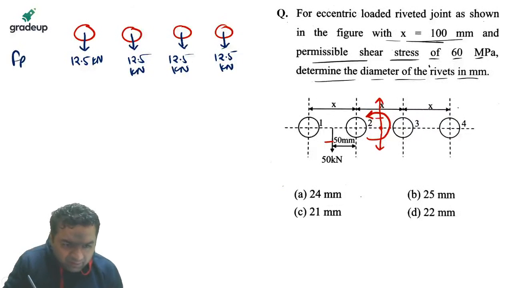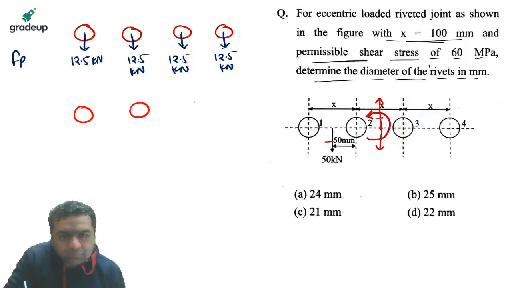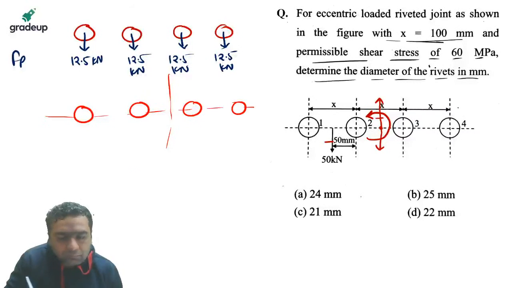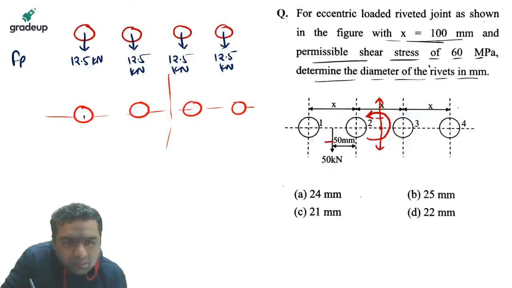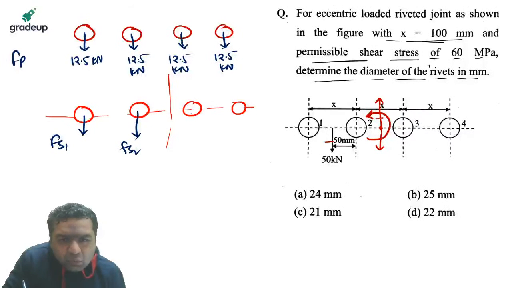For secondary effect, I am making the rivets again. If you see the secondary effect, it will be coming out to be Fs1, Fs2, Fs3, Fs4.